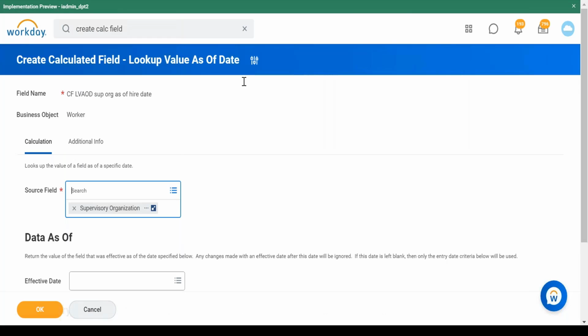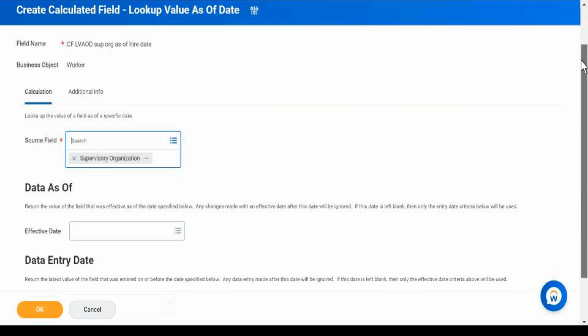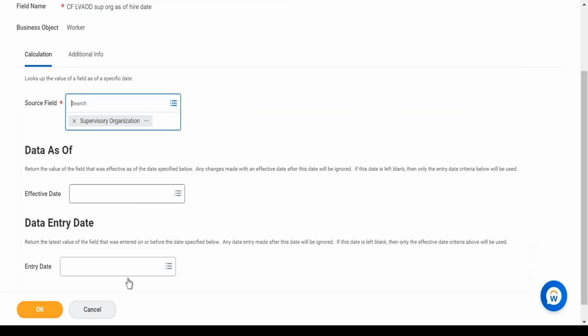Now there are two things here. Whenever you do a lookup value as of function, there will be two dates shown to you, entry date and effective date. Entry date is the day on which the value was entered in the system, not the day on which it was effective. Suppose, Shanti, you're joining a new organization and your joining date is 1st May.